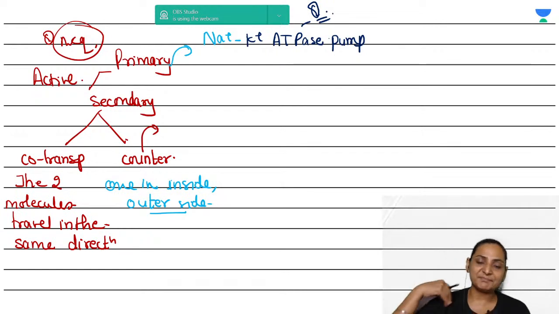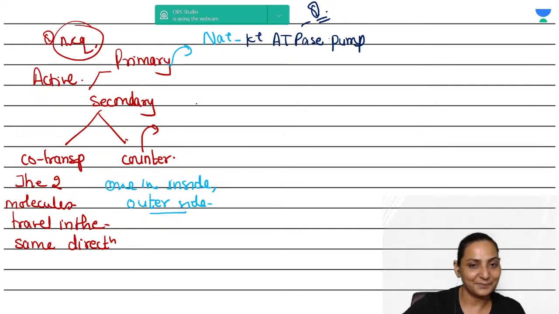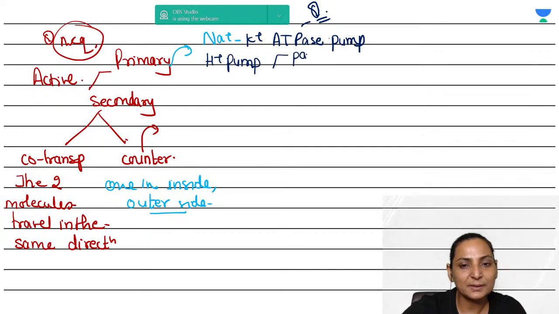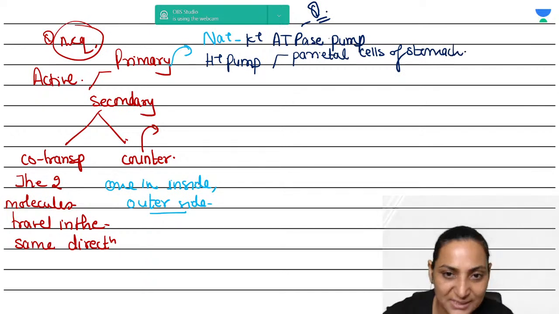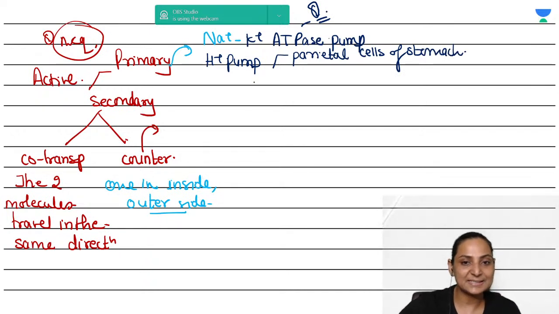But apart from this, if I ask you to give me any other example, you just don't know and fail to give me any other example. How can I forget the hydrogen pump? This hydrogen pump is present in the parietal cells of the stomach, which secrete HCl.